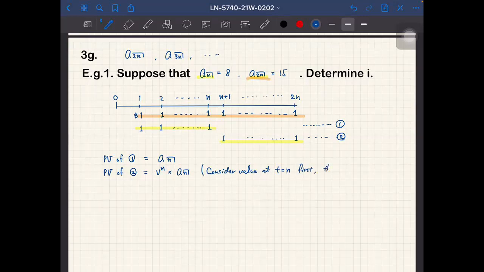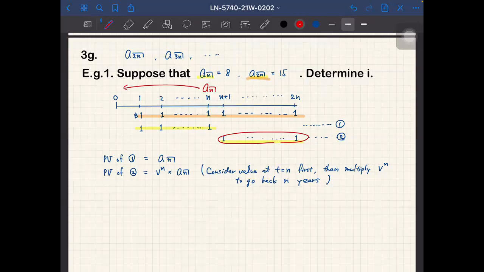Then multiply by v to the nth power to go back n years. So this 1, 1, 1, 1, 1 payment is worth a angle n at time n.